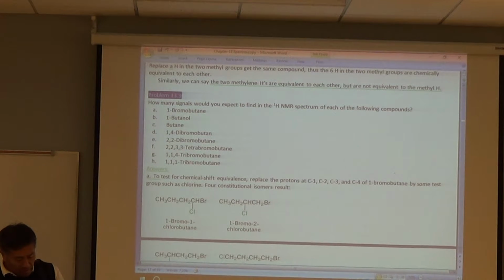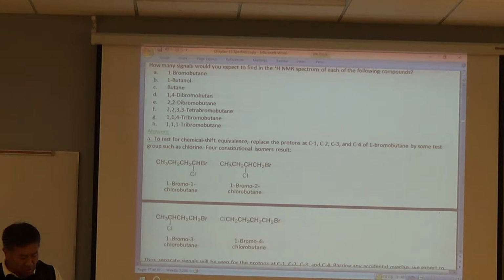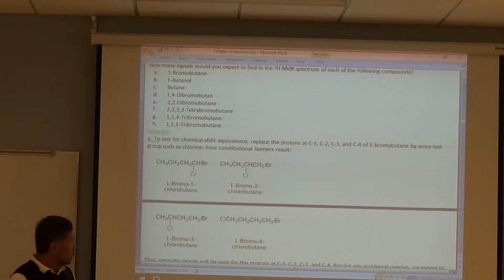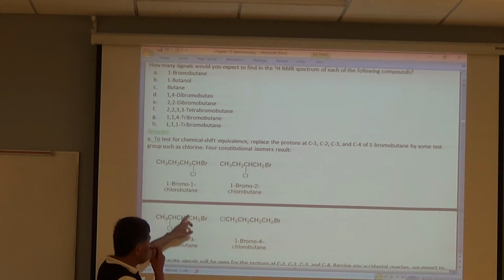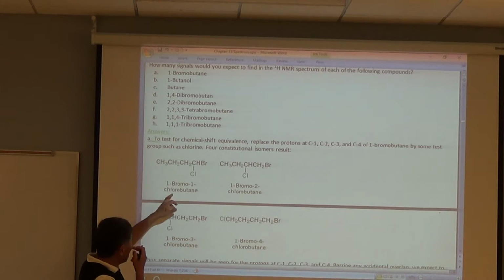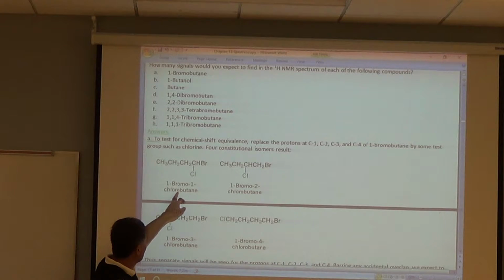Right, now let's see problem 13.9. We have a few molecules with names, and you try to identify how many signals you can get for each molecule. Okay? So problem A is actually 1-bromobutane.